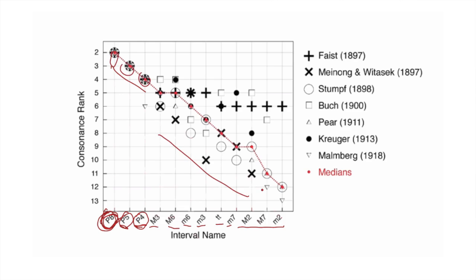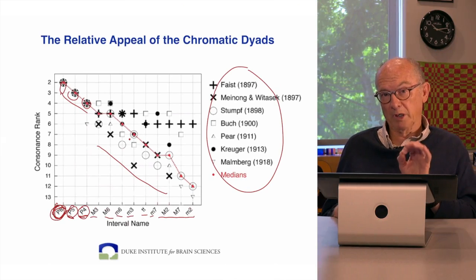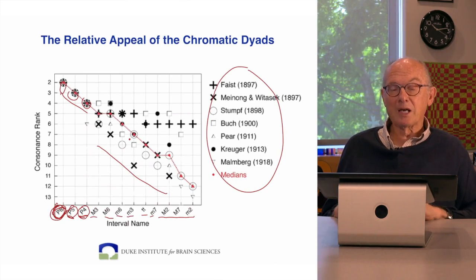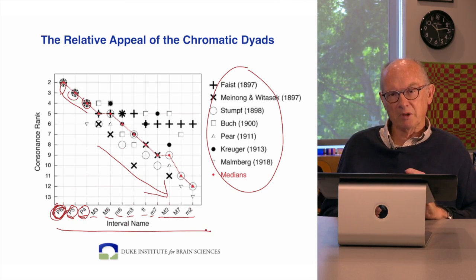After that, things get a little bit murky, and you can see in these various studies that have been done, there is a good deal of variation in the consonance ranking that subjects express. So the degree to which you subjectively like the tone combination goes down over the chromatic scale in this order.